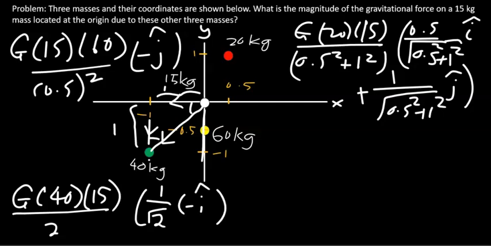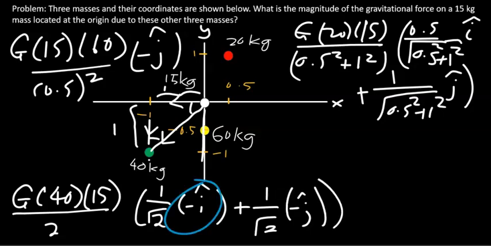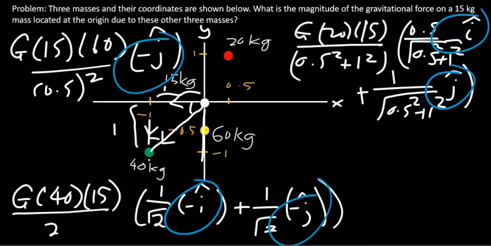Likewise, the y component would be going downward, so cosine 45, 1 over square root 2, minus j hat. Grouping the i's with the i's and the j's with the j's, you will get the following form for the force vector on that 15 kg object.